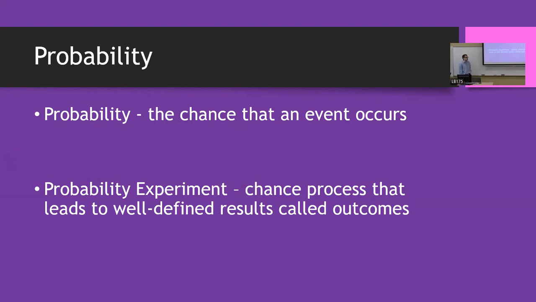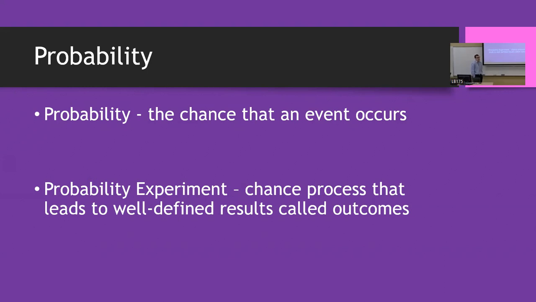Now, in each one of those situations, there is an underlying process that's happening. That underlying process is the probability experiment. The probability experiment is the chance process that leads to well-defined results called outcomes.